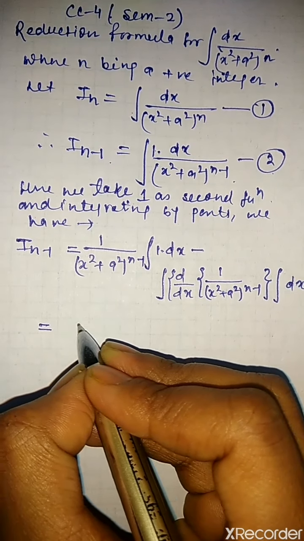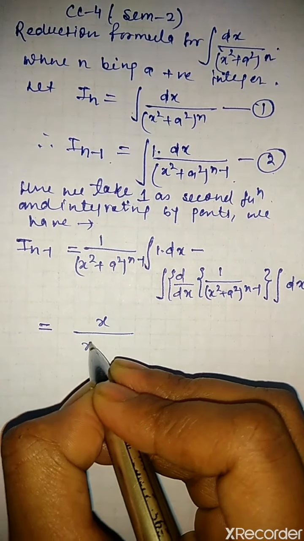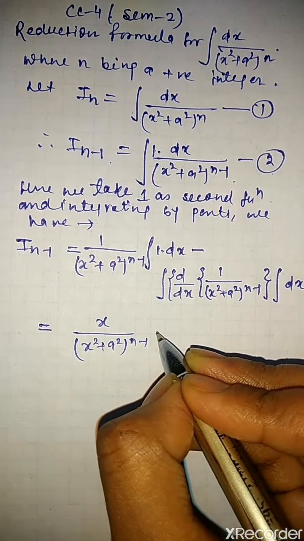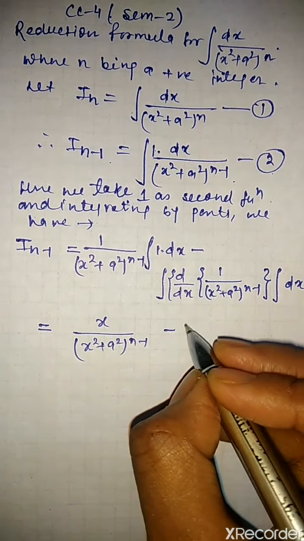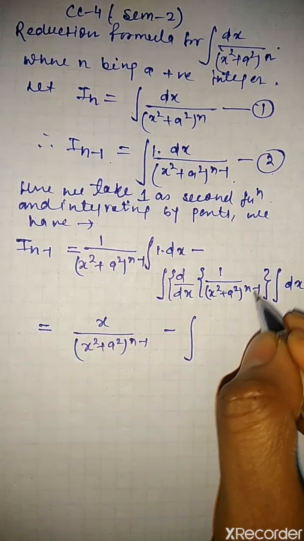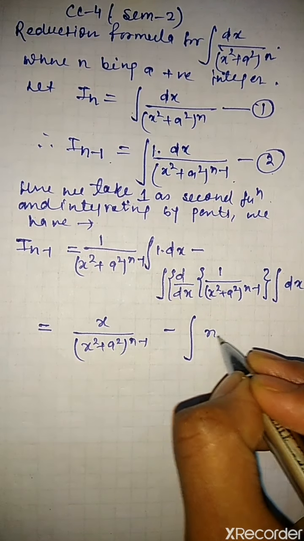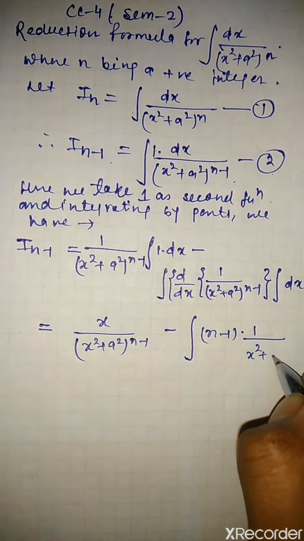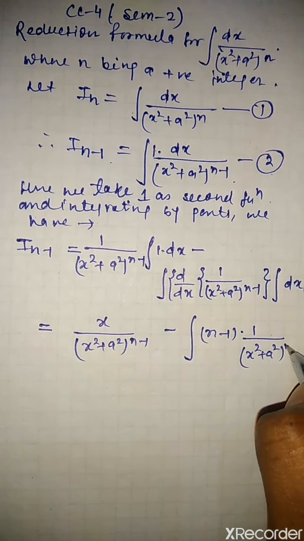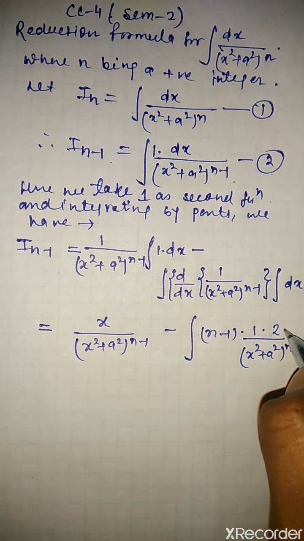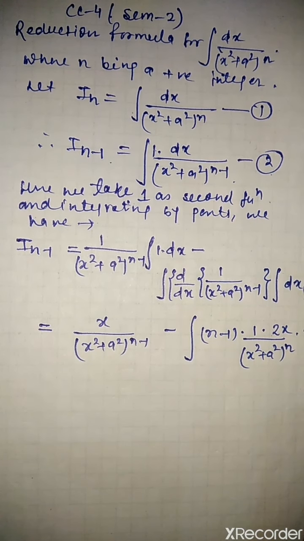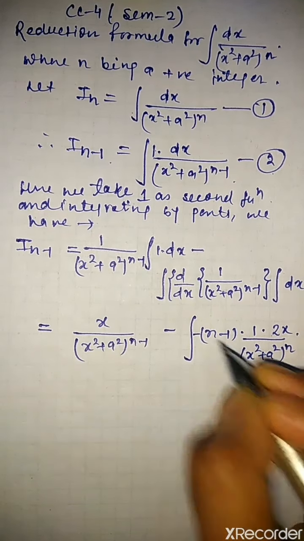So on integration we get x divided by x square plus a square whole to the power n minus 1, and then the rest of the function we have minus integration. Now on differentiation of this function we are having n minus 1 into 1 by x square plus a square to the power n, and then we have into 2x, fine, and again we are having here x and then dx and one negative sign.